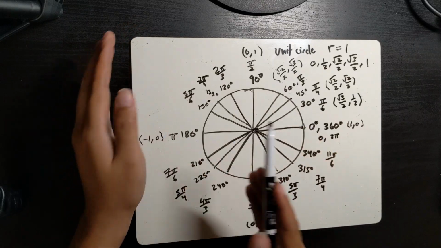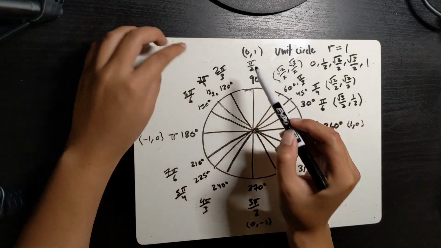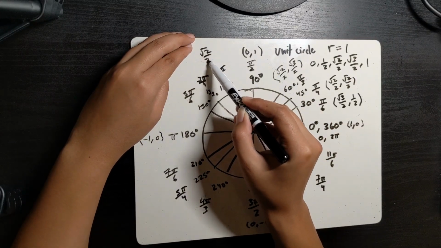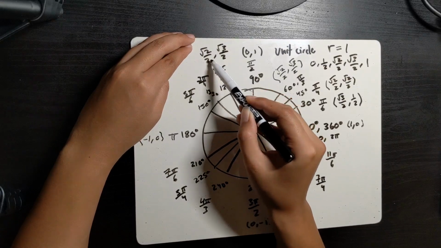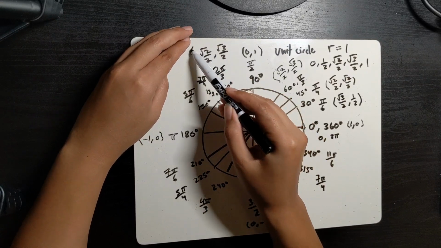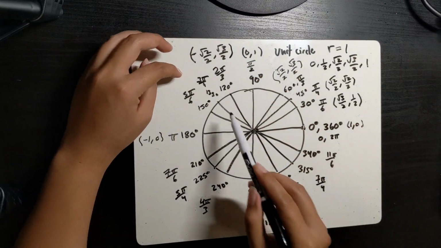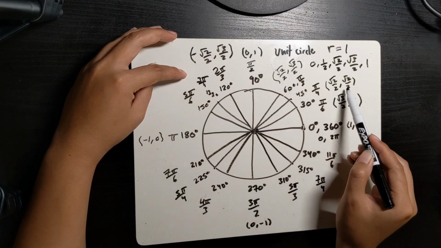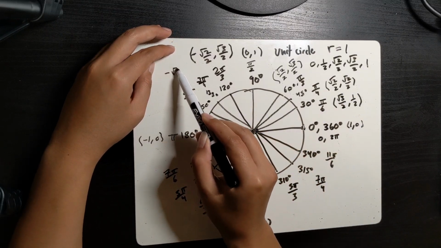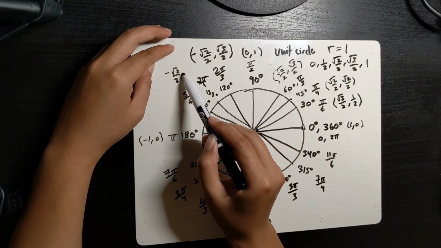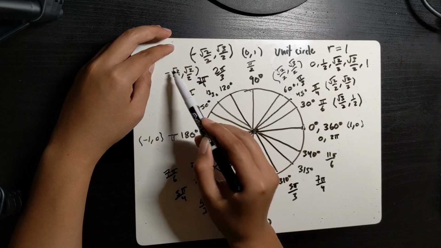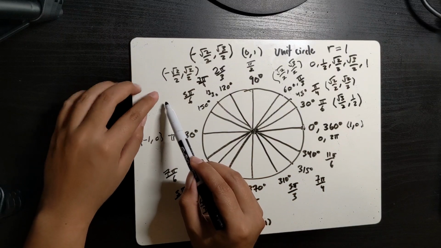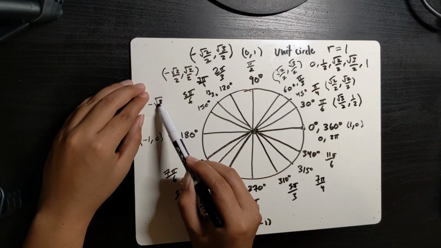However, we're on the left side where x is negative, so we can copy over the values for our 60 degrees, except for now we gotta tag a negative sign in front of our x. And at 135, symmetrical to our 45, except for now it's a negative square root 2 over 2, square root 2 over 2. At 150 degrees, symmetrical with the 30, but with a negative in front of our x.